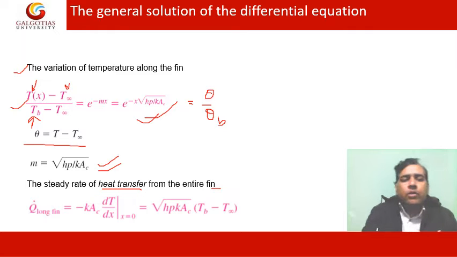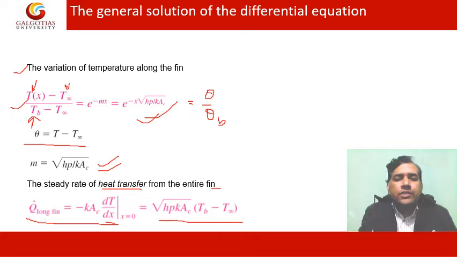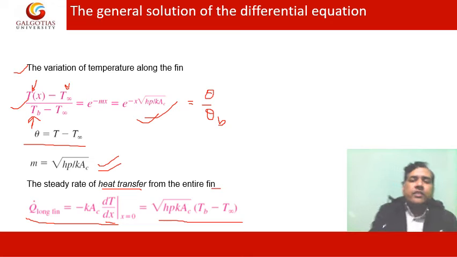What is the amount of heat that is being transferred by the entire fin? Okay, so how can it be found? It can be found by utilizing this equation. And we know the temperature distribution; dT over dx we have already got. So the heat transfer from the entire surface will be equal to the square root of hpKa times Tb minus T infinity.